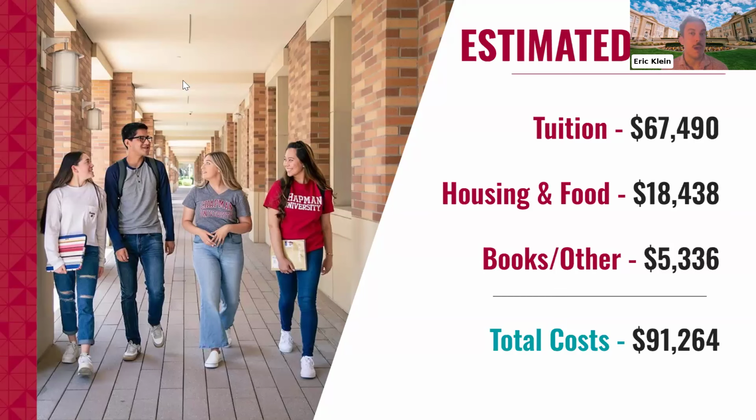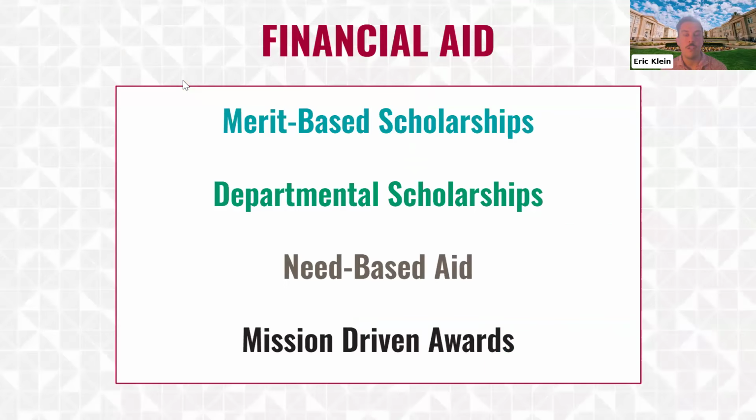That's not a number that we expect every family to come up with when it comes to paying for your Chapman education. And there's a few different ways that we're trying to offset some of that cost. The biggest being our merit scholarships, which every student is automatically considered for. There isn't an additional application or anything that you need to complete.